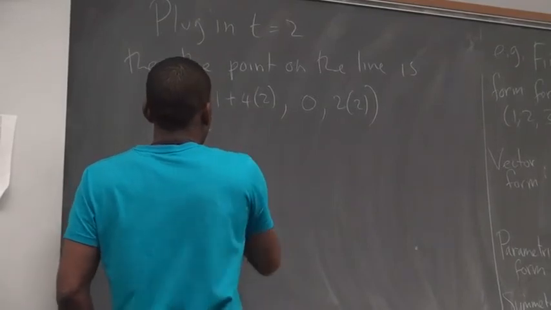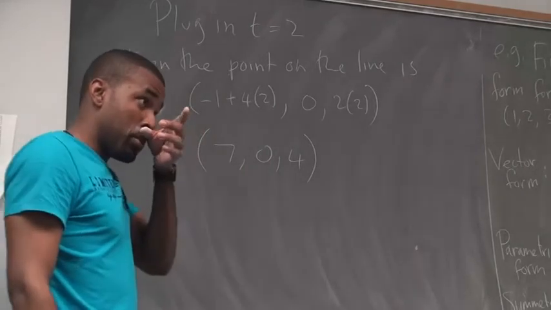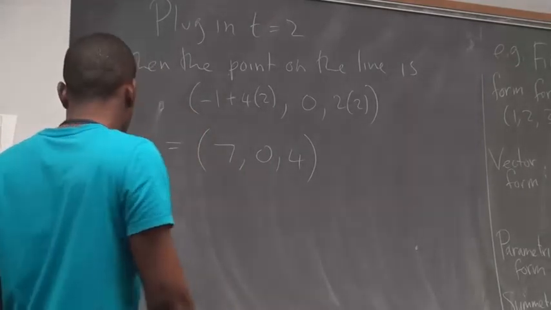So that point is 8 minus 1, 7, 0, 4. So that's the point it will intersect the xz plane.